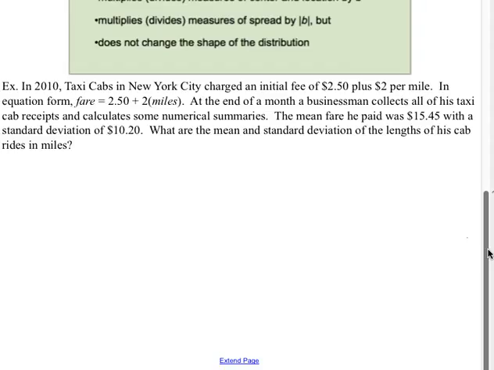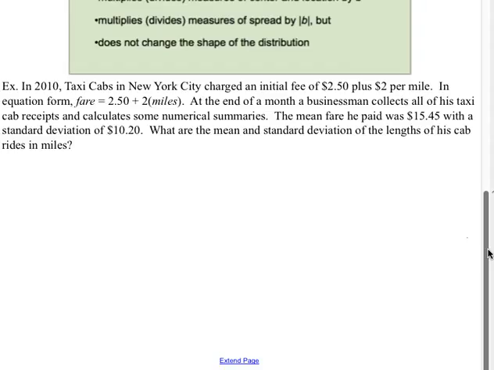In equation form, the fare is $2.50 plus 2 times the number of miles. At the end of the month, a businessman collects all of his taxi cab receipts and calculates some numerical summaries. The mean fare he paid was 15.45, with a standard deviation of 10.2. What are the mean and standard deviation of the lengths of his cab rides in miles?